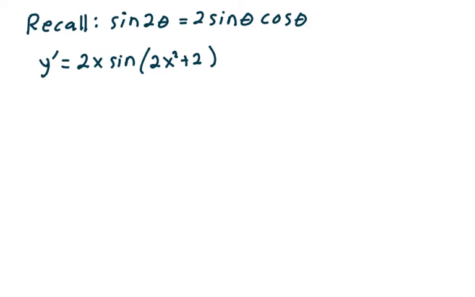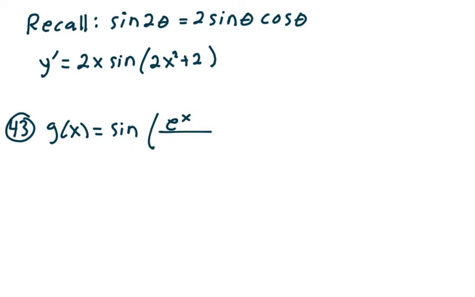If we take a look at 43, suppose g of x is equal to sine of e to the x over 1 plus e to the x. And I want g prime of x.